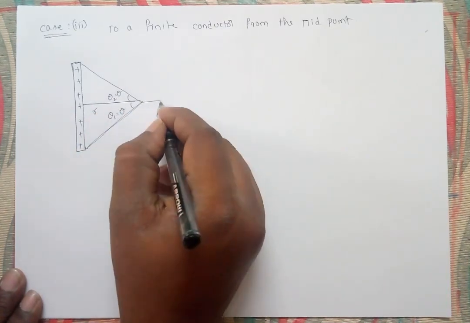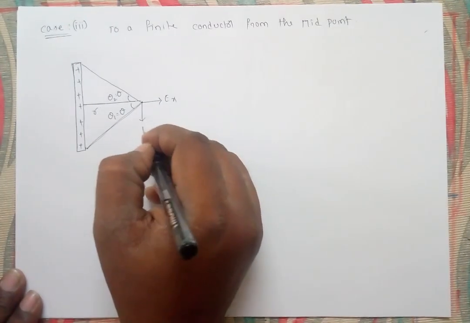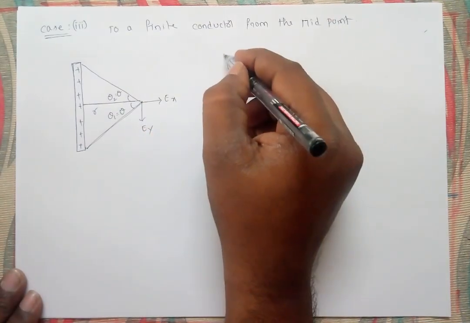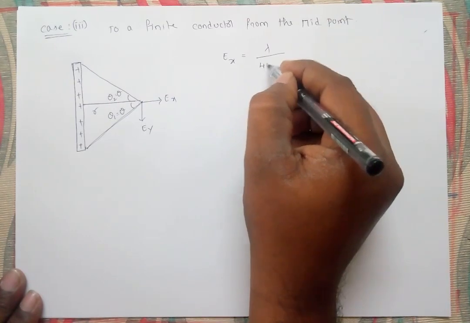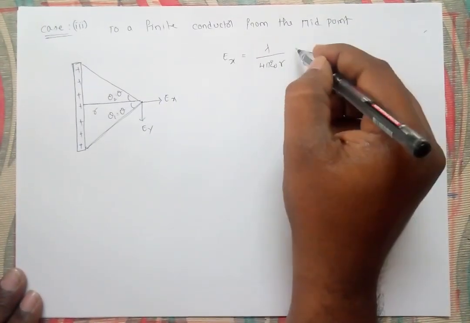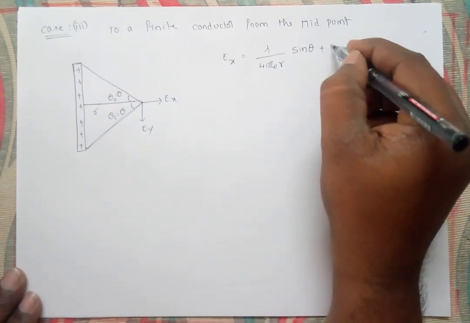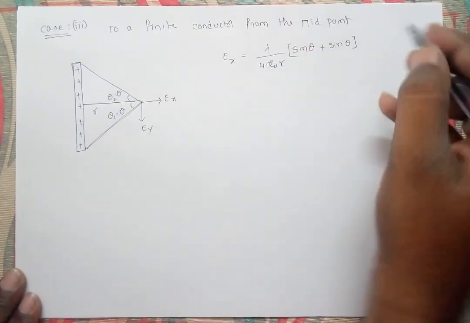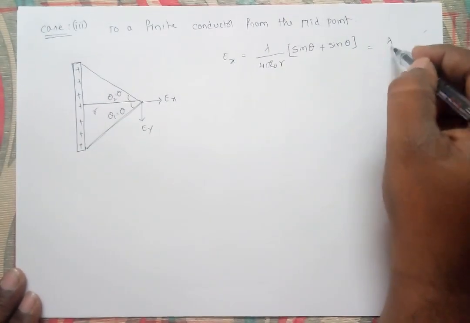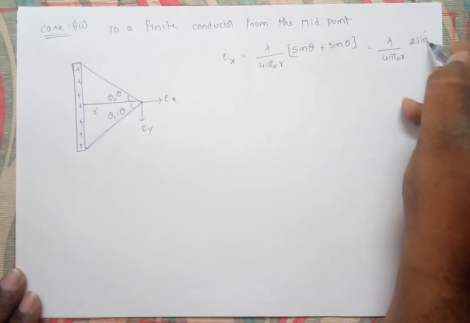Then the electric field intensity along the x direction and along the y direction. Ex is lambda by 4 pi epsilon naught r into sin theta 1 plus sin theta 2, and theta 2 is also theta. So you get lambda by 4 pi epsilon naught r into 2 sin theta.